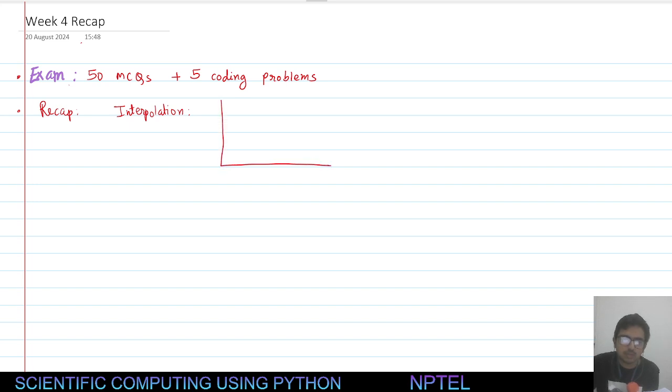So this is a function of time or x, with one independent variable and one dependent variable. You have this data, but you are not going to have the data right next to it. There are infinitely many points between any two discrete points. So you have data here, then here, then here.